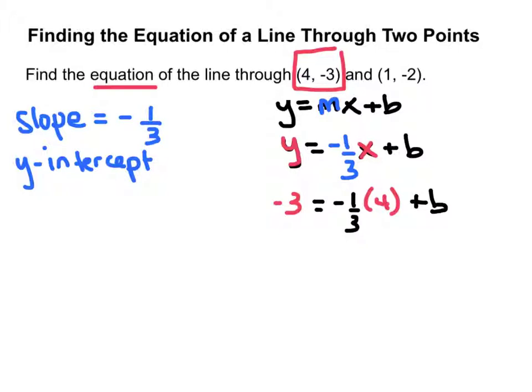So now I'm left with an equation where all I have to do is solve for b in order to find the y-intercept. So I will do that by first simplifying the right-hand side. -1/3 times 4 is -4/3.